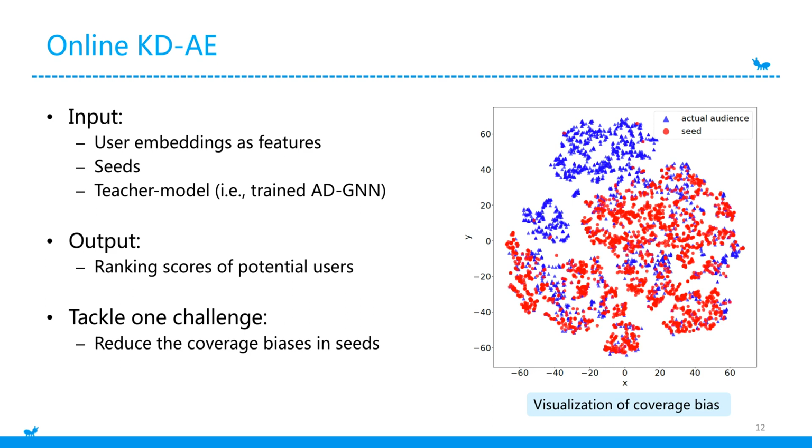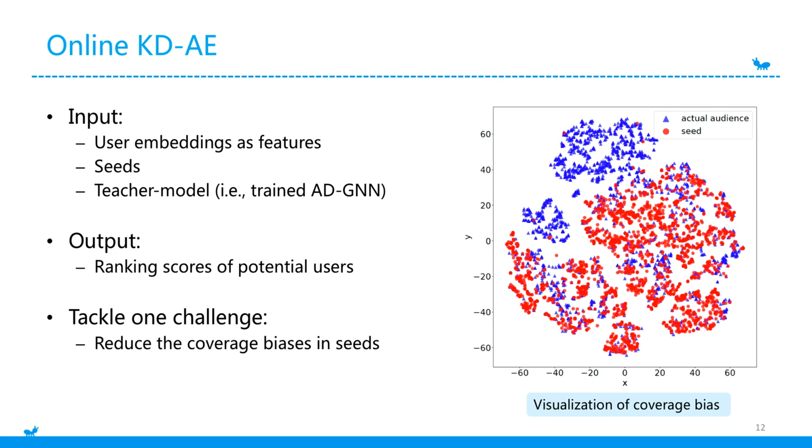Conventional audience expansion techniques suggest training a classifier with positive seeds and randomly selected negatives. Such methodology neglects the fact that the seeds are usually biased, and thus fails to cover the ground truth audience demographics. The figure on the right shows the existence of coverage bias in the real world.